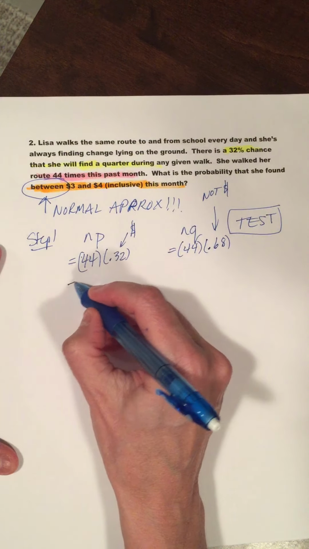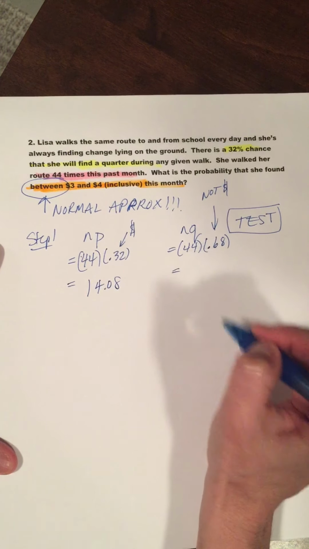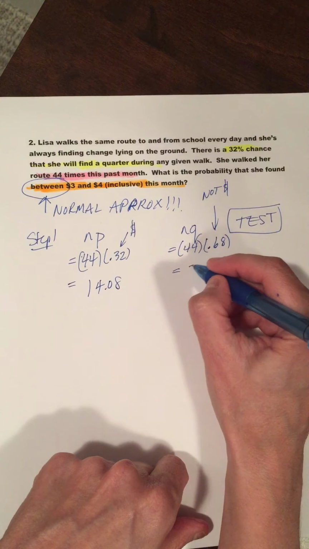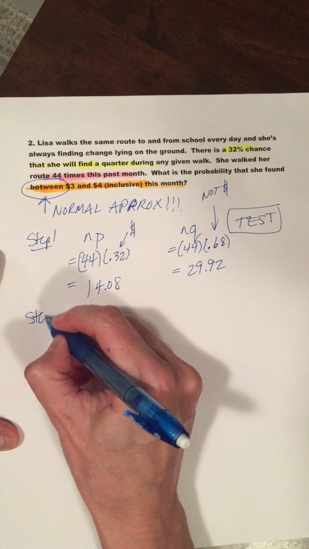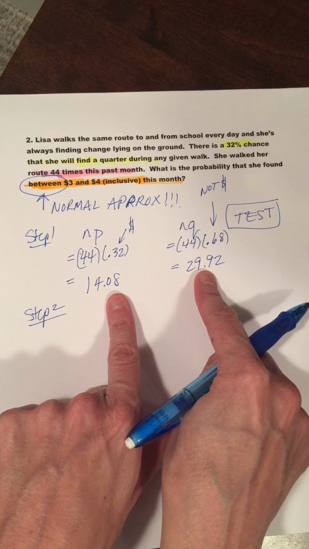Okay, 44 times 0.32 is 14.08, so we're definitely over 5. 44 times 0.68 is 29.92. So as far as the test is concerned, we've passed because both are greater than 5.